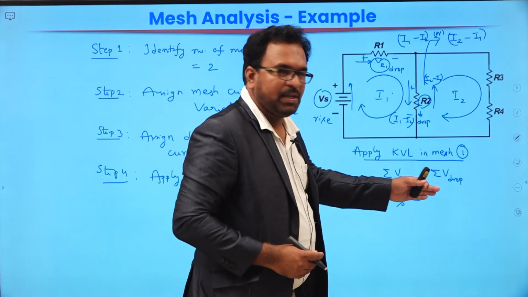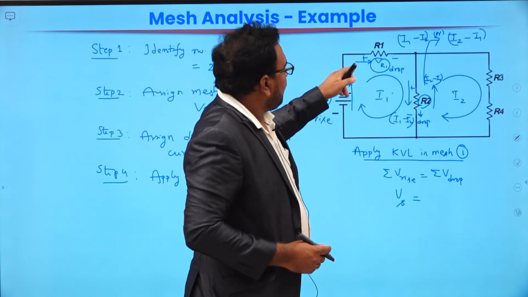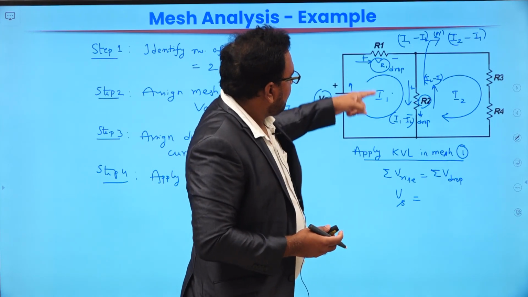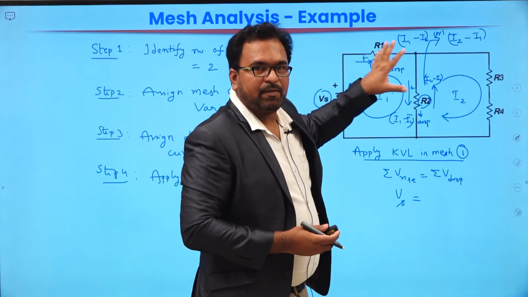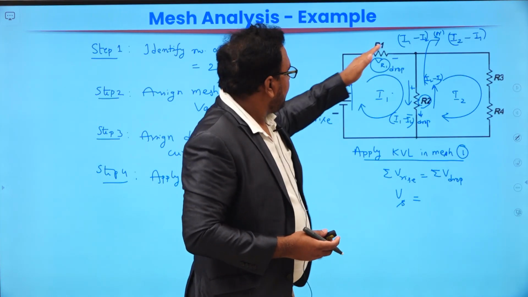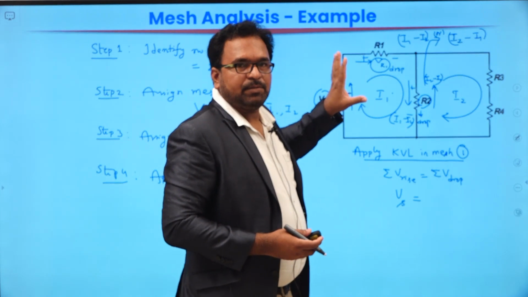And what are the drops here? The voltage across R1 and the voltage across R2. How will you calculate the voltage across R1? By using Ohm's law. What is the current through R1? Only I1, because the mesh current flows through R1 only. R1 and the source are confined to the first mesh only.